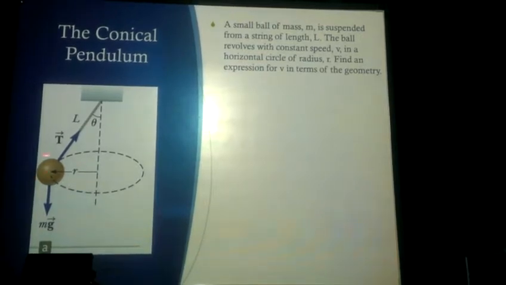So if I'm looking here, I have my mass connected to some type of string hanging from a ceiling, and then it's just going to go around in a circular path. My goal is to find an expression for speed in terms of the geometry, okay?